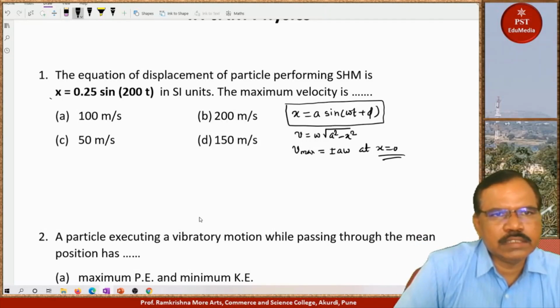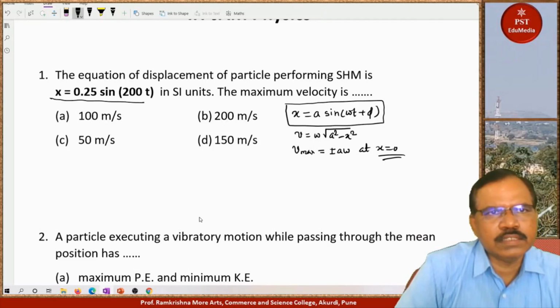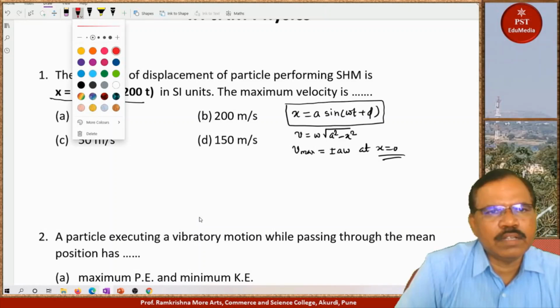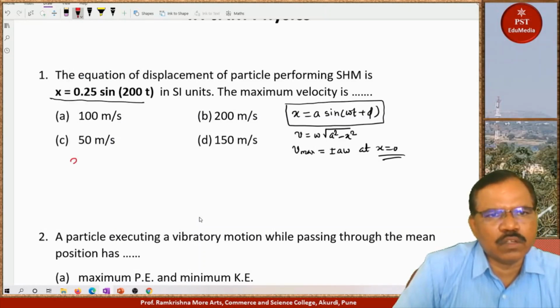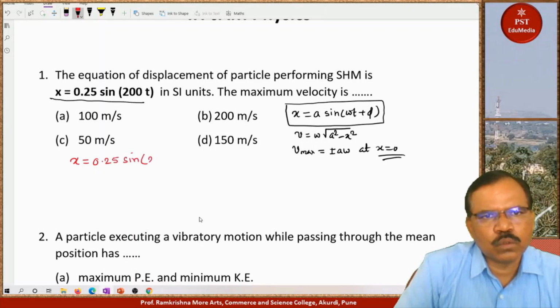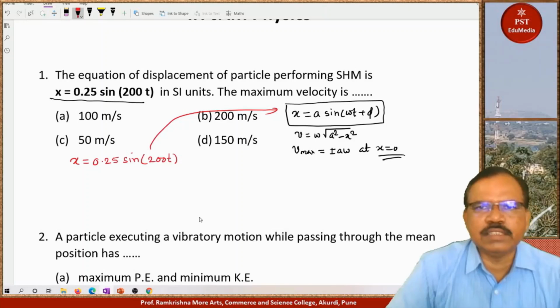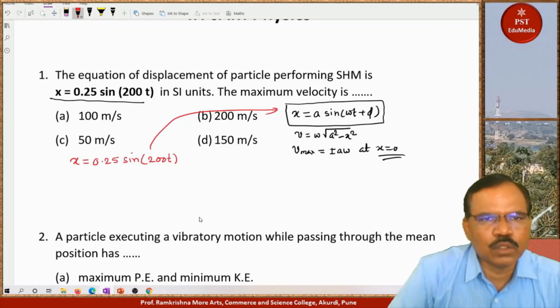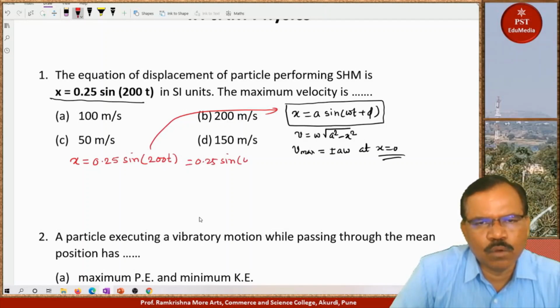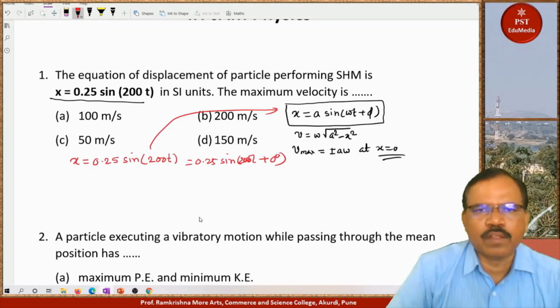Now here, this is the given equation: x is equal to 0.25 sine 200t. Now we have to compare with x is equal to a sine omega t plus phi. So I can write this as 0.25 sine 200 t plus 0 radians.